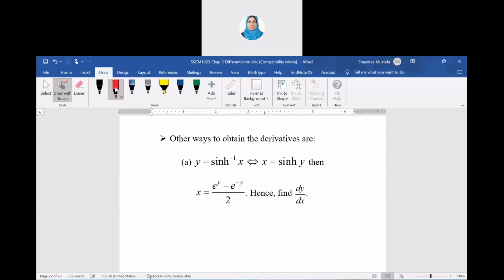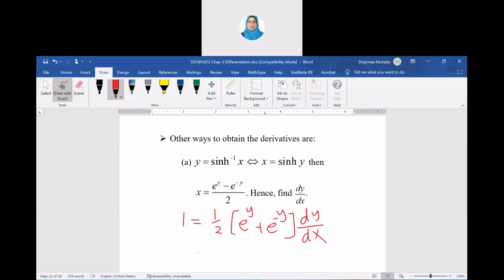Here you can find that 1 is equal to 1 over 2 times exponential y minus exponential minus y, and the derivative of exponential minus y is exponential minus y multiplied by minus, which becomes plus.